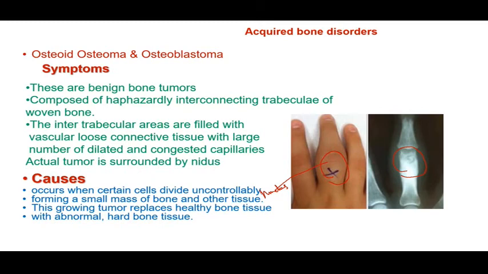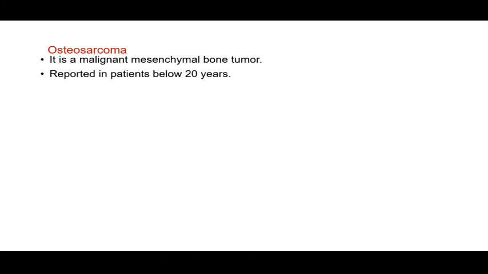Third category includes osteosarcoma. It is a malignant mesenchymal bone tumor and accounts for 20% of primary bone cancers. Though it can occur in any age group, about 70% are reported in patients below 20 years.